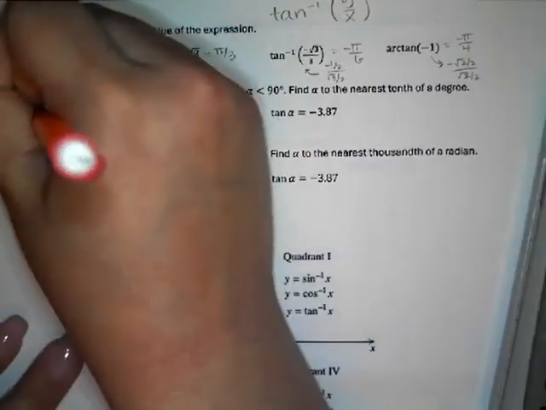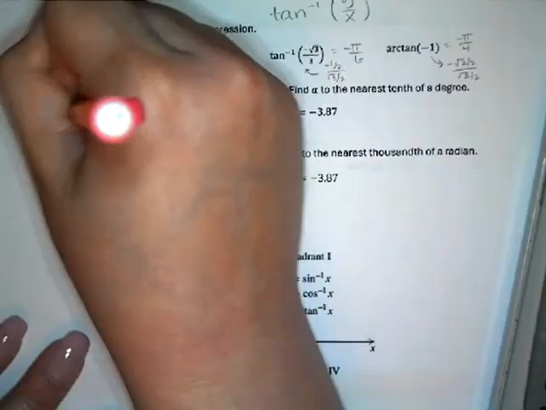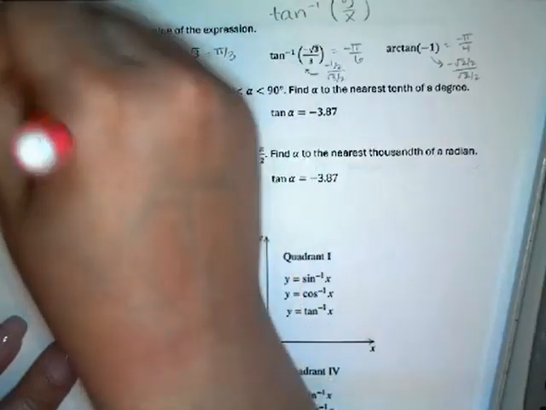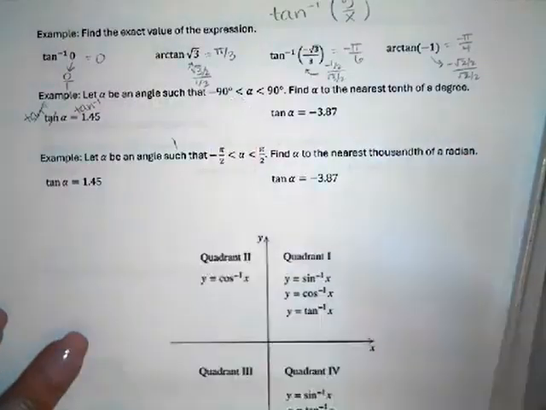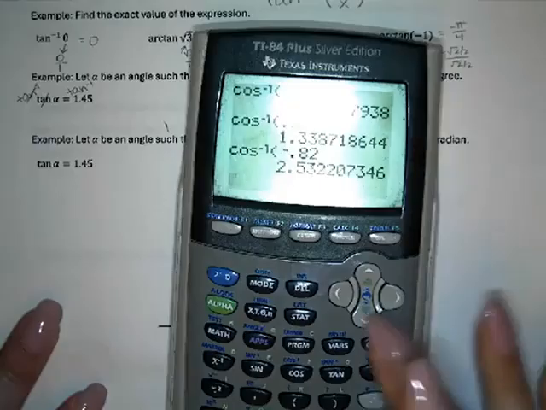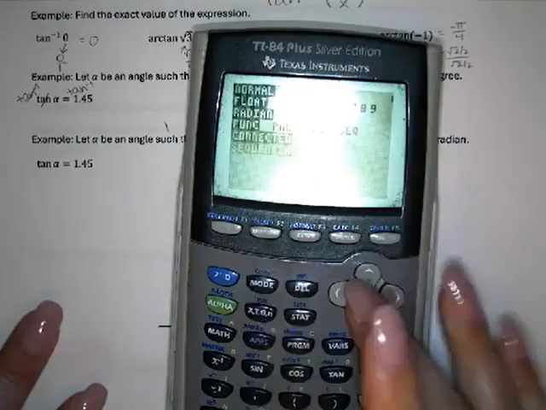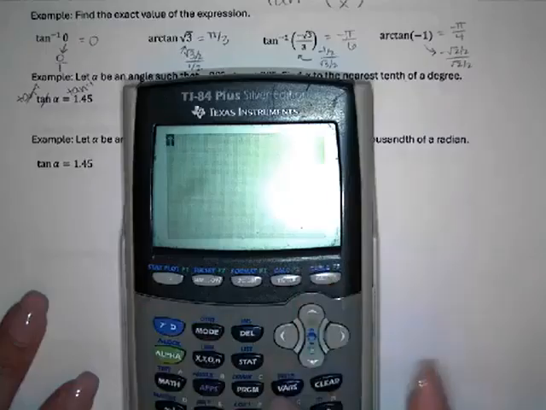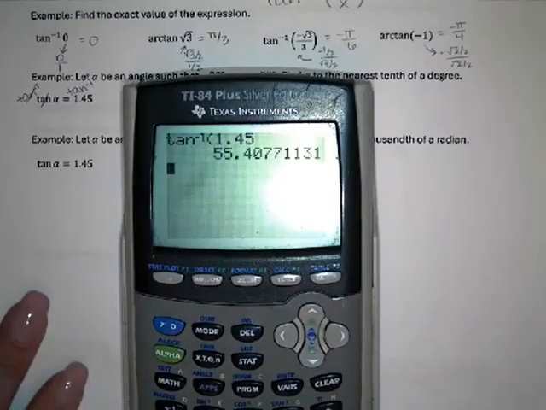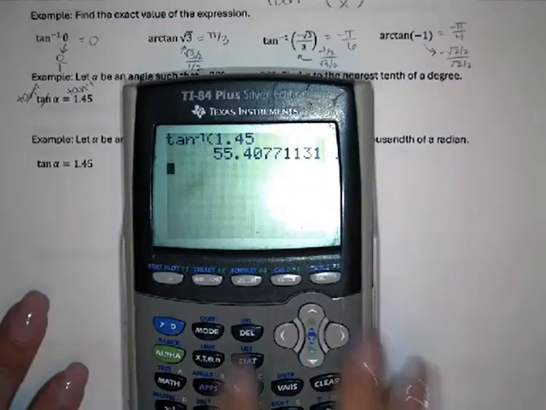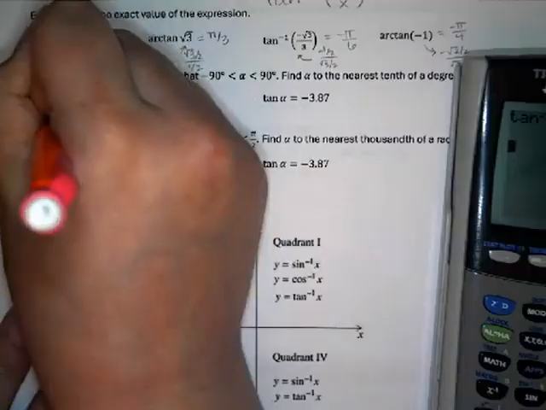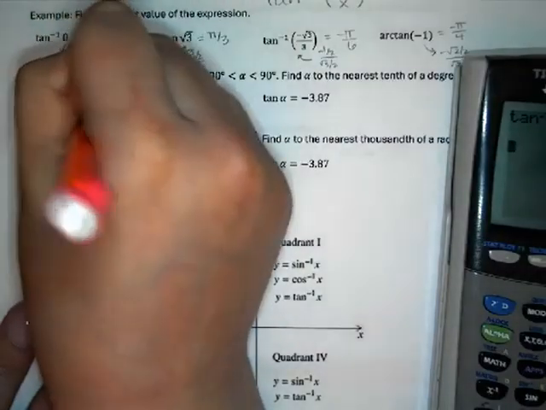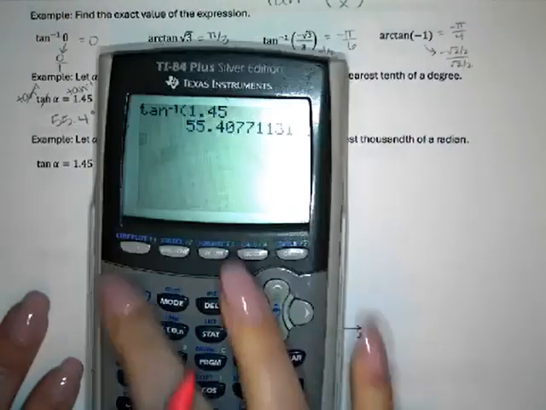And first I need to be in degrees. So tan inverse of 1.45 is 55.4 degrees. And then tan inverse of negative 3.87 is negative 75.5 degrees.